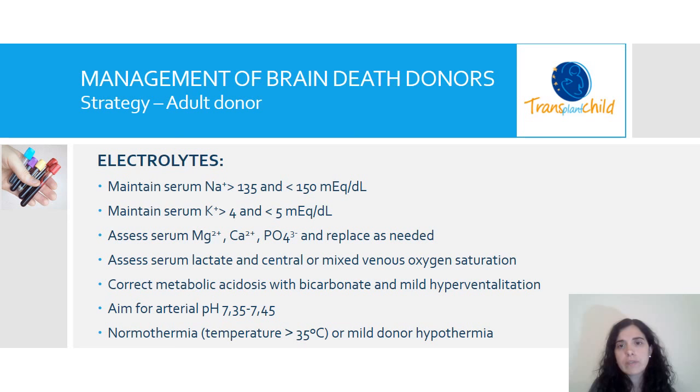These are the reference values and parameters that we should consider in our electrolytes evaluation. It is important to know that donor hypernatremia is associated with poor transplant outcomes in liver and heart transplants.